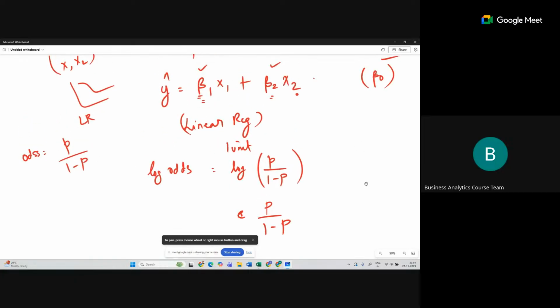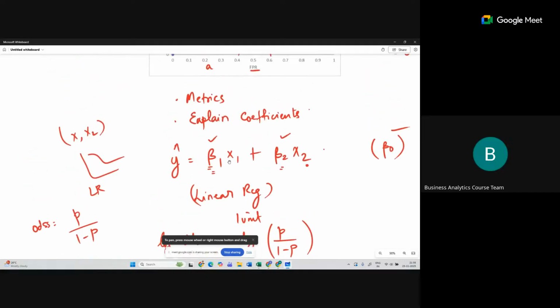If you don't want things in log, you can take exponentiation and bring it to the p by 1 minus p form. So again, refer to this in the previous live session. We will have a detailed discussion. These are the things that you should be mindful about.